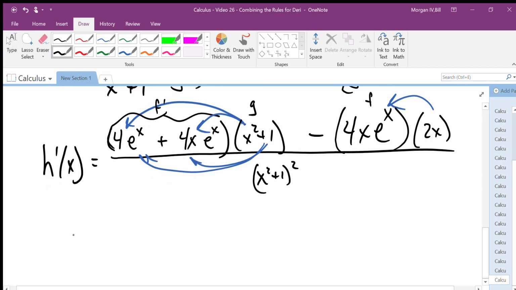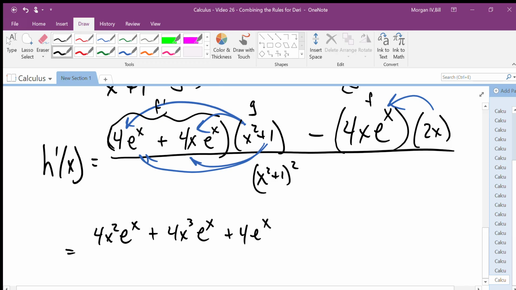And simplifying, we have this. We have 4x squared e to the x. That's the x squared times 4 e to the x. Plus x squared times 4x e to the x would be 4x cubed e to the x. Then distributing the 1 times 4 e to the x would be 4 e to the x.